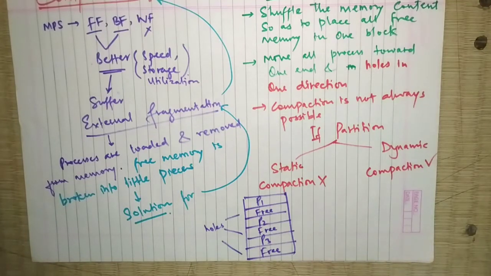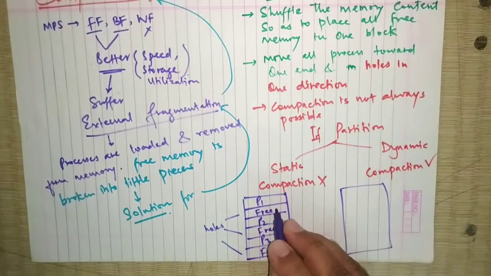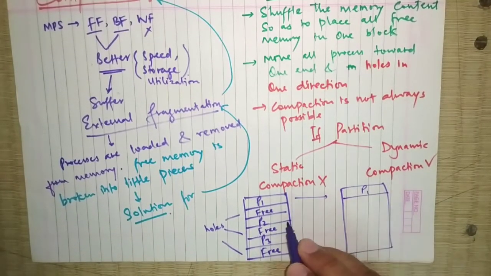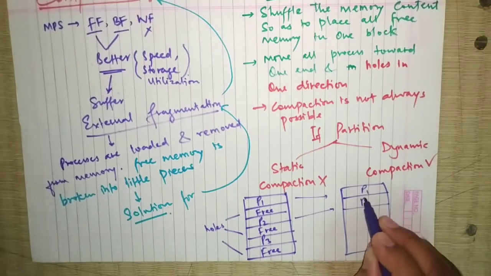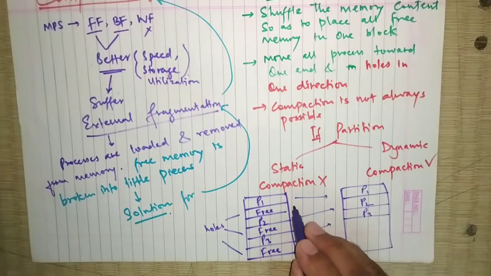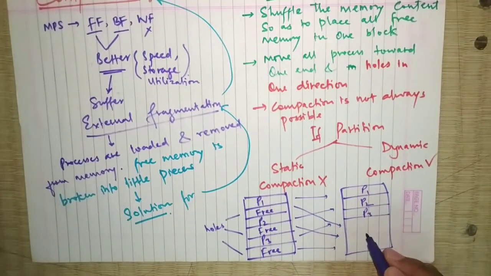Using compaction, we can shuffle all the processes to one end and all the free memory to the other end. P1 stays here, P2 moves here, and P3 moves here. The free memory becomes one large free block.